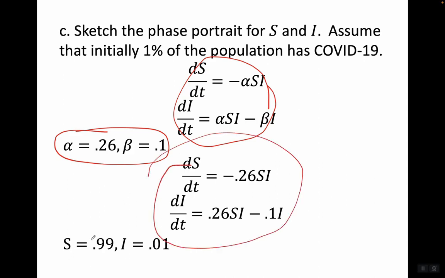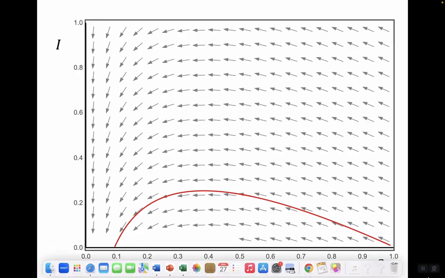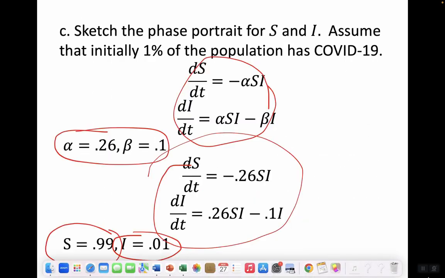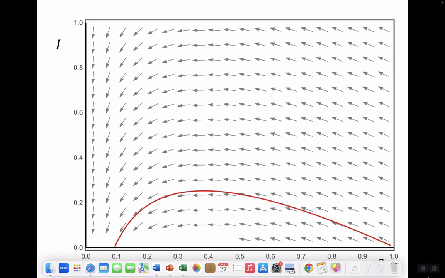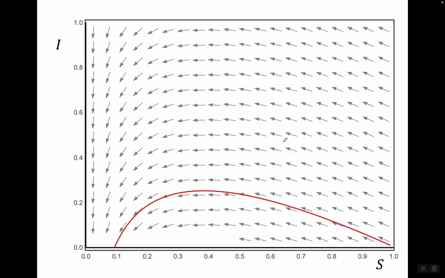If 1% of the population has COVID-19, that means the proportion of infected is 0.01, which means the proportion of susceptible is everybody else, namely 0.99. So when you go to some phase portrait or some plotter that plots systems of differential equations, and you plot these with S equals 0.99, I equals 0.01, and those differential equations we saw a moment ago, this is what you end up with.